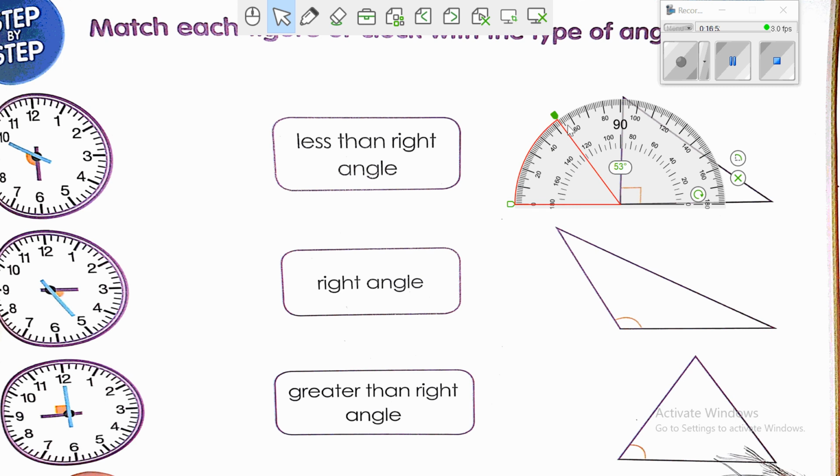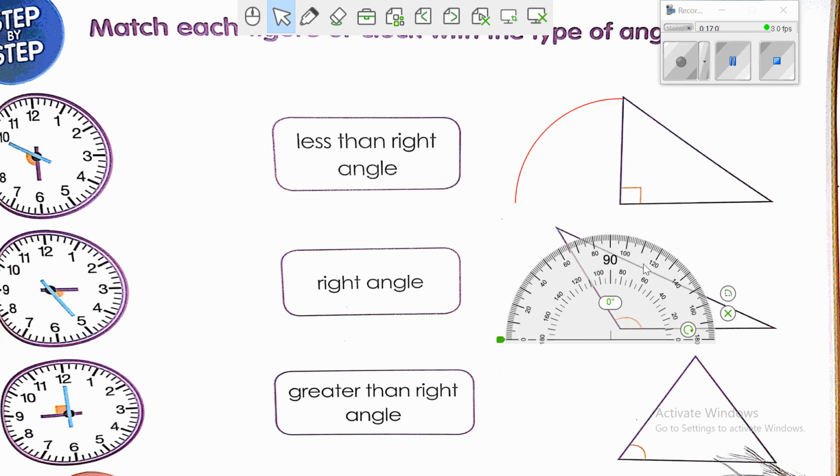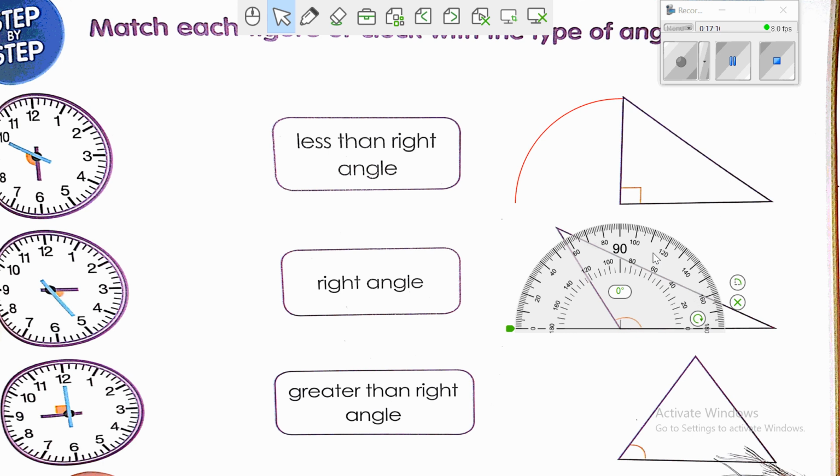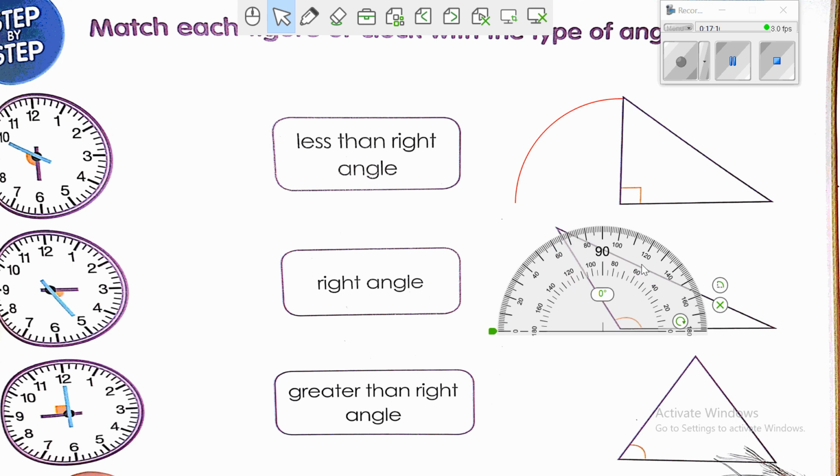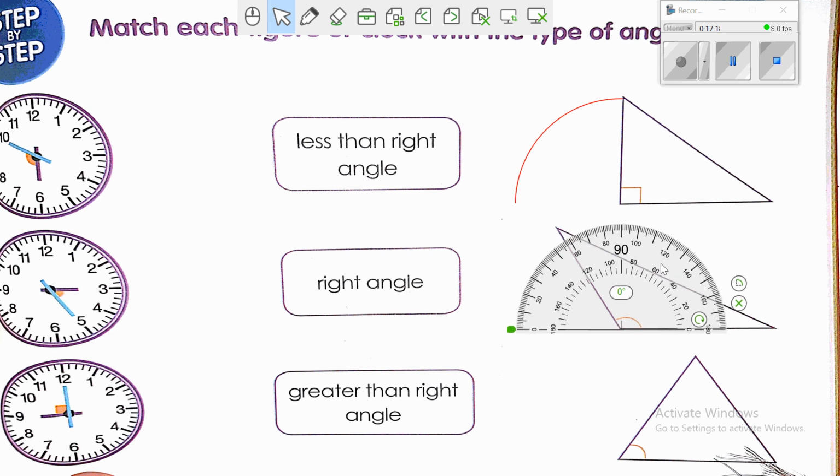I will measure. Let's see how many. Perfect. It's 90. So here is what? Right or acute or obtuse? Excellent. Right. Let's see how I will measure this one. Okay. Like this.